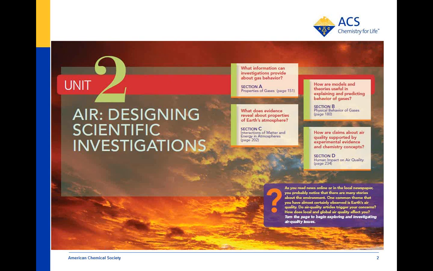Students are going to learn these qualities about air, and then use that to design their own scientific investigation. In Section A, they're going to look at properties of gases. In B, they're going to look at the behavior of gases, kinetic molecular theory. In Section C, how does matter interact and how does energy work in the atmosphere. And in Section D, they're going to look at the air quality pieces.